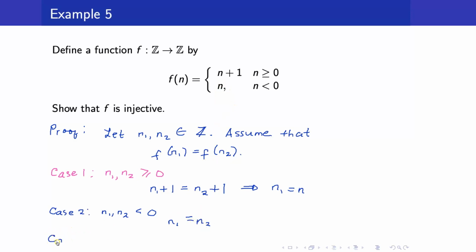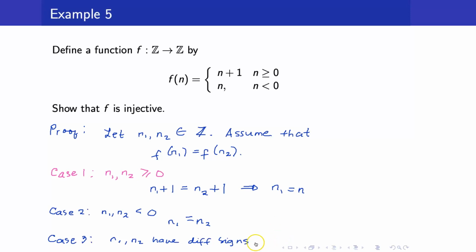So the last case is when one of them is greater than or equal to 0 and one of them is less than 0. So you just say, without loss of generality, you should just say n1 and n2 have different signs, or one of them is 0.